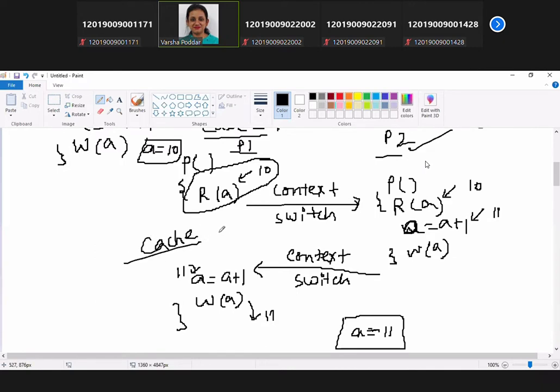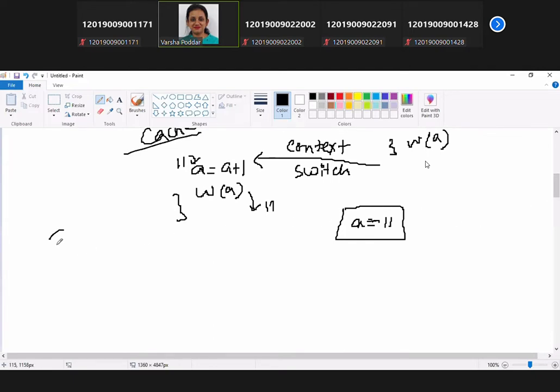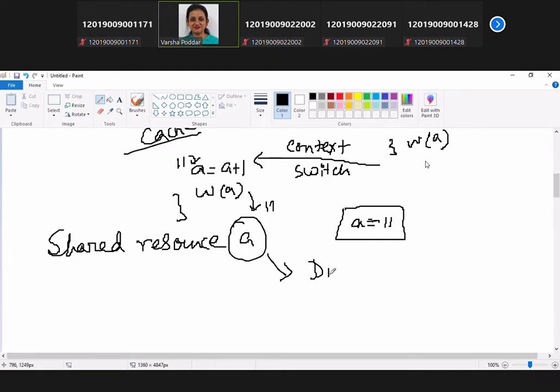I hope you have the cache memory concept; we discussed it a bit previously. P1 maintains its own copy of A as 10 because it has read 10, but P2 maintains A's data as 11. So it was 10 in P1, and it will increase and become 11. Same piece of code, but the shared resource A has different values, or different outputs, for different cases.